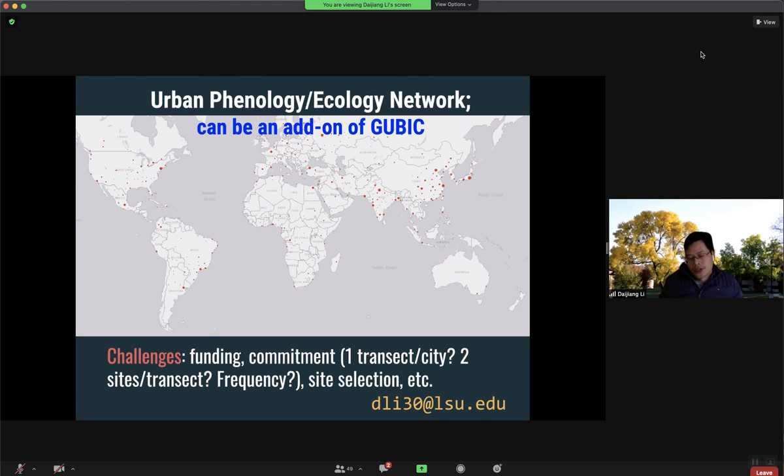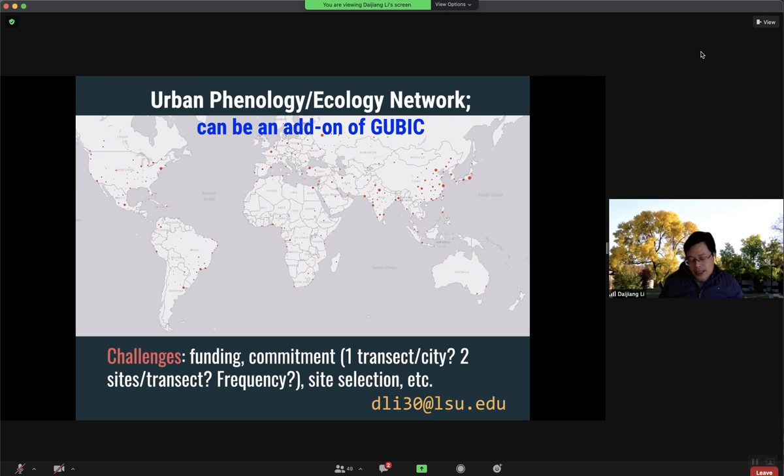First, the funding: where should we get funding? I think one model we can borrow is the Nutrient Network, where individually we are in charge of coming up with funding for that.